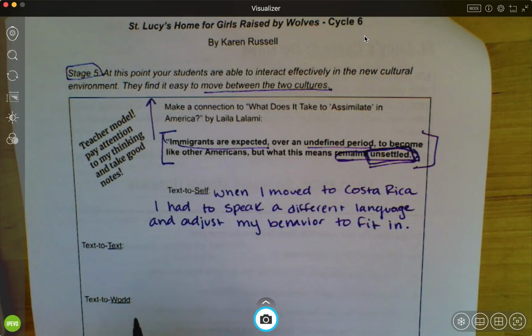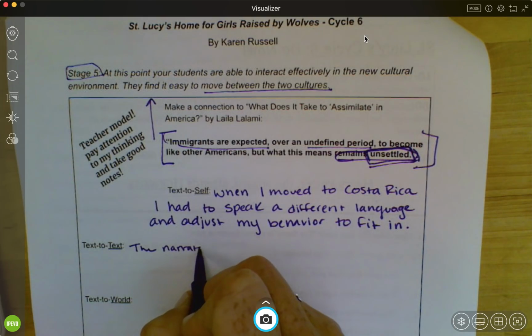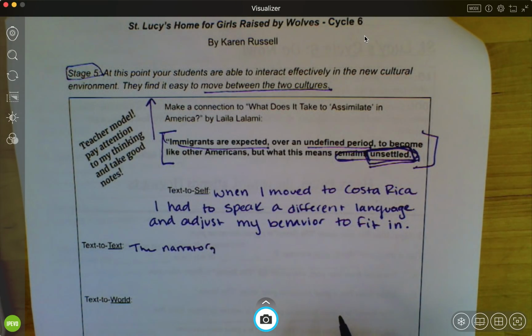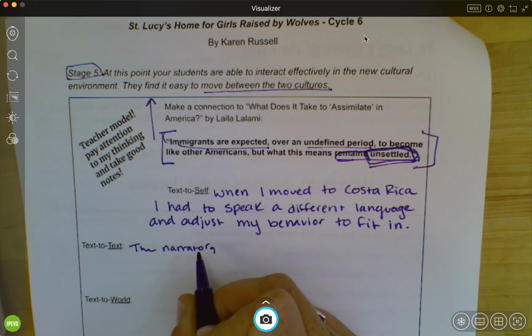So I'm going to write that the narrator, and I'm going to use this appositive phrase that we saw in our warm-up, which is explaining our subject. So we're adding in a phrase that explains what our subject is.